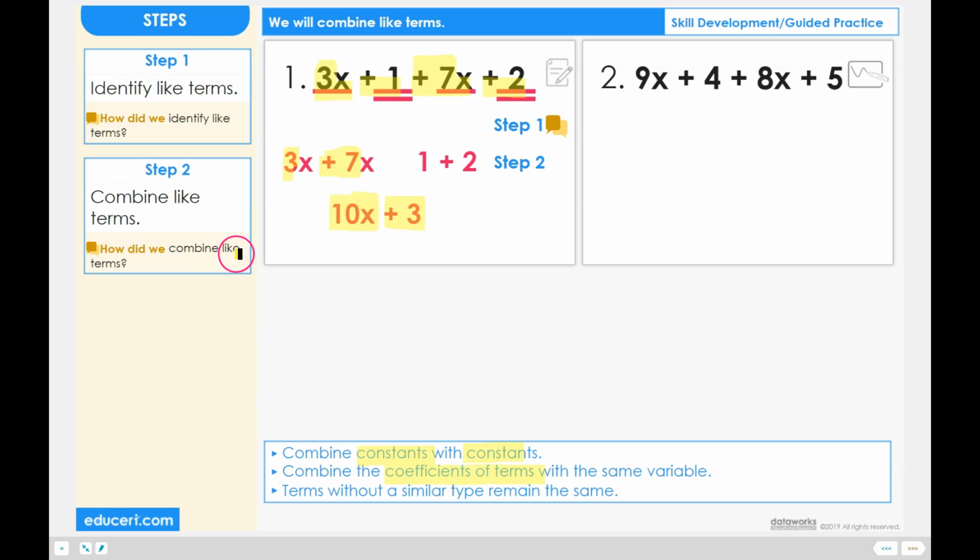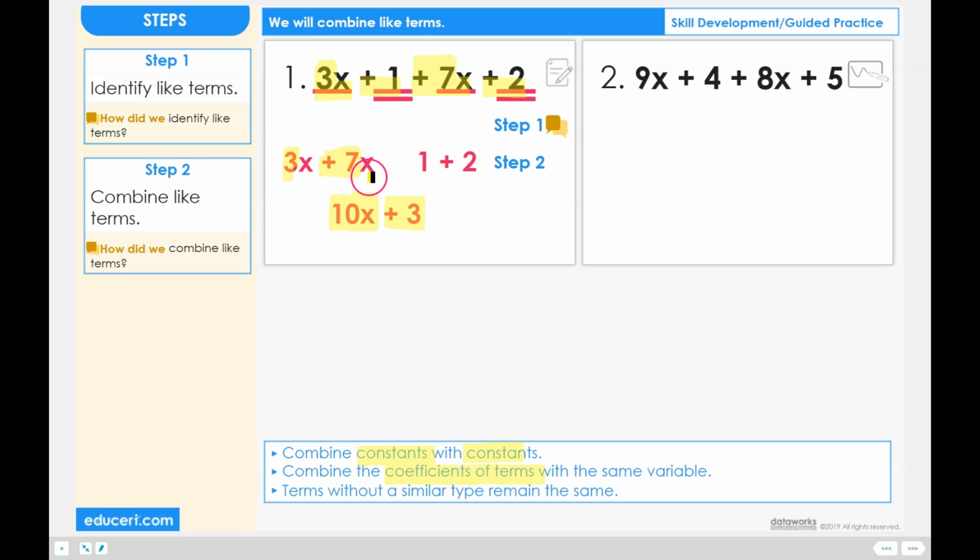How did we combine like terms? After step 1, we had already identified which terms were the like terms.